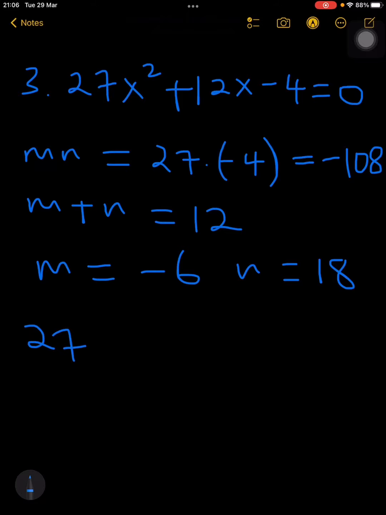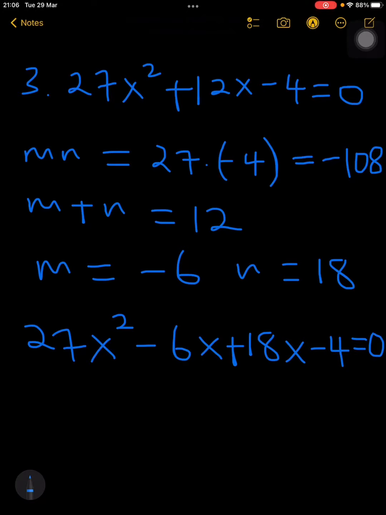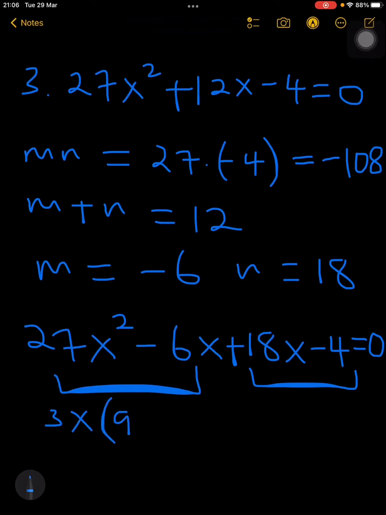So this is 27x squared minus 6x plus 18x minus 4 is equals to 0. That goes with that, and this goes with this. What is common? What is common is 3x into 9x minus 2 plus, what is common? 18x and negative 4. What is common is 2, and then 9x minus 2 is equals to 0.